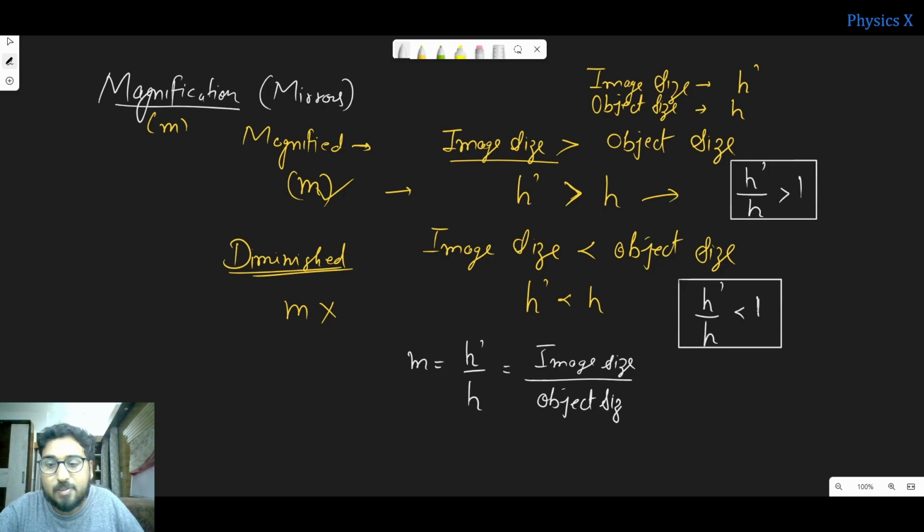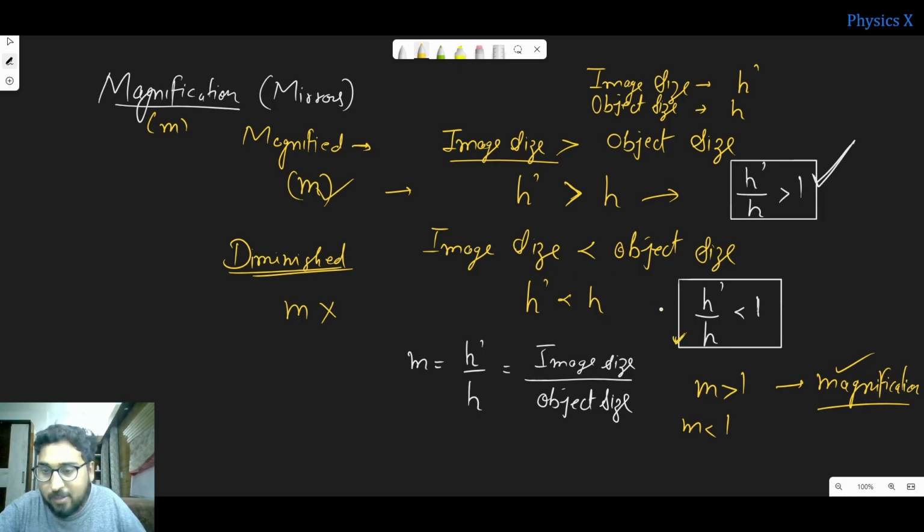When h dash by h is greater than 1, that is when m is greater than 1, this is magnified. Magnification is happening. But when m is less than 1, that is h dash by h is less than 1, that is image size less than object size, that means there is no magnification, rather the image is becoming diminished.